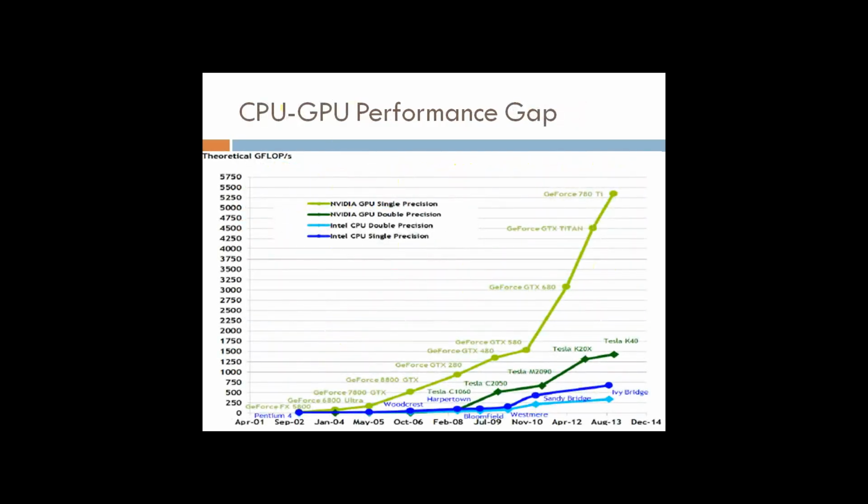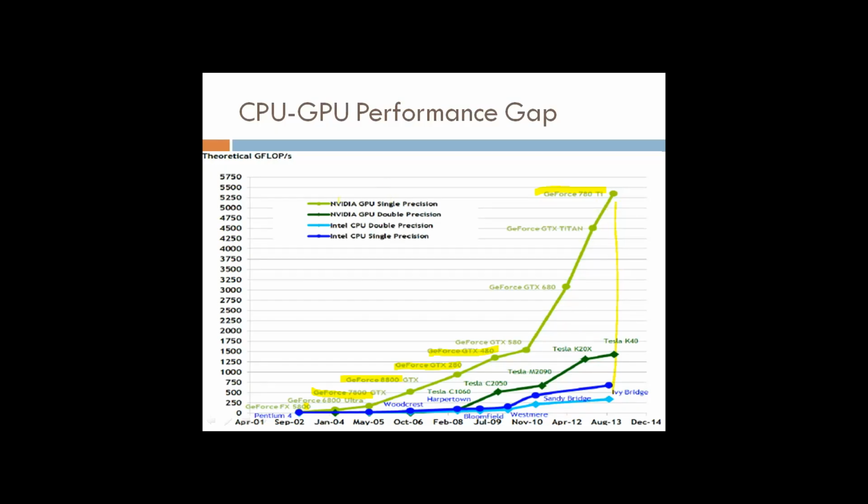So we can see just a rough idea of comparison of CPU versus GPU performance in giga flops. These are the different GPU cards, and there is a lot of gap in performance of GPU.